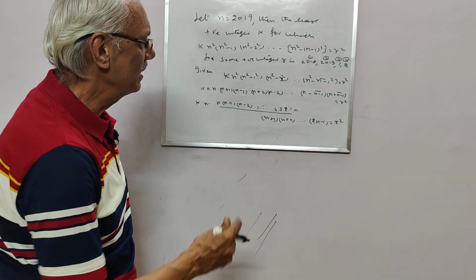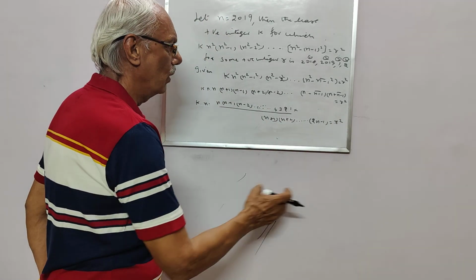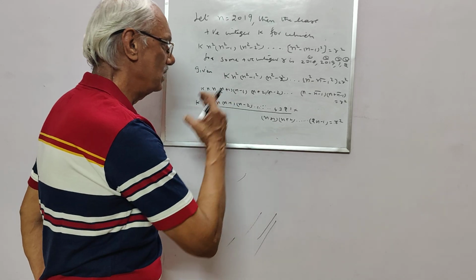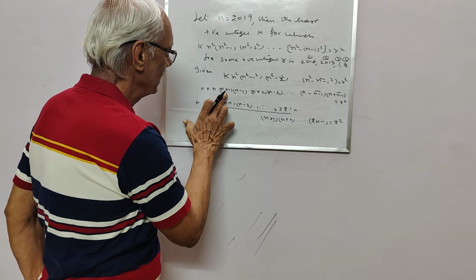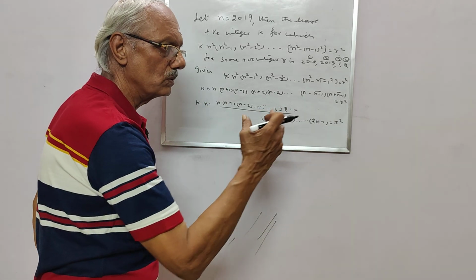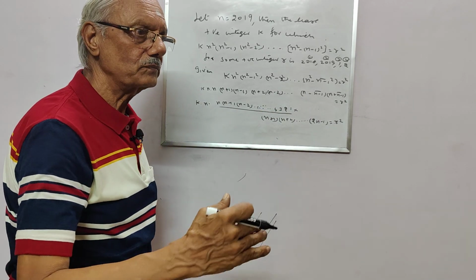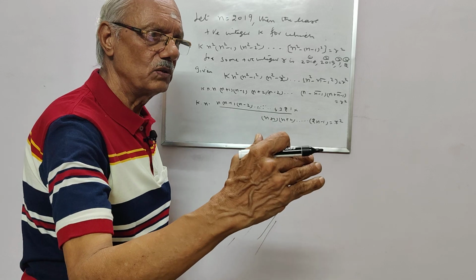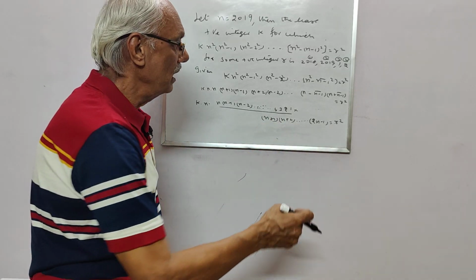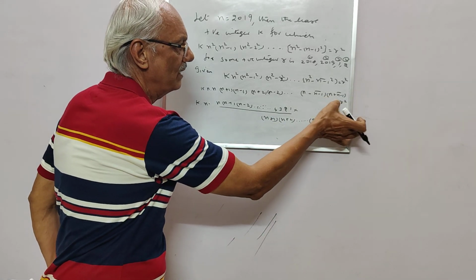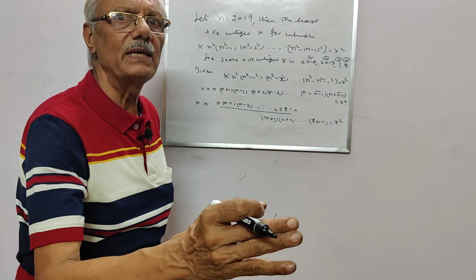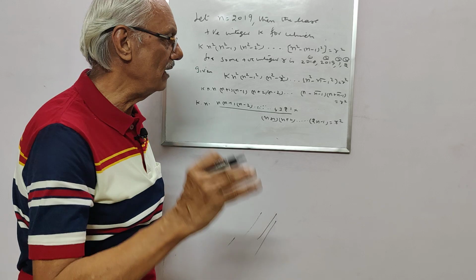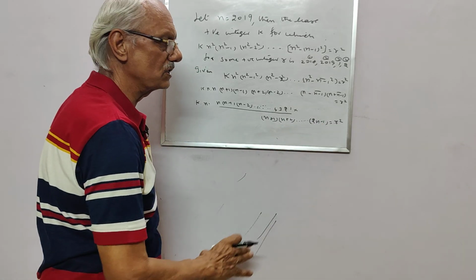So what do you get here? You arrange this. Now, if you start rewriting this, I have got n plus 1, after that n plus 2, it is ascending: n plus 1 into n plus 2 into n plus 3 into n plus 4, and it goes on like that, and finally n plus n minus 1, that is 2n minus 1, which is given to be equal to your r square.